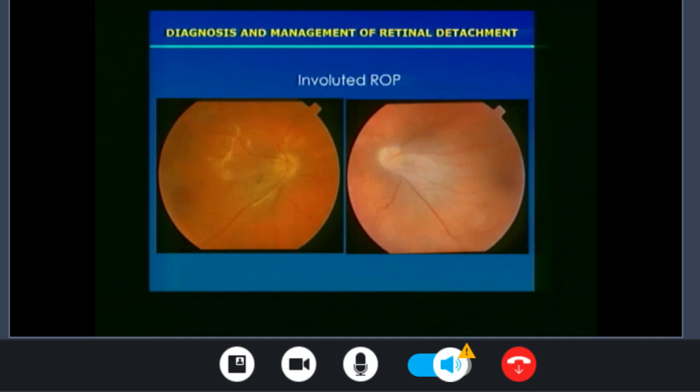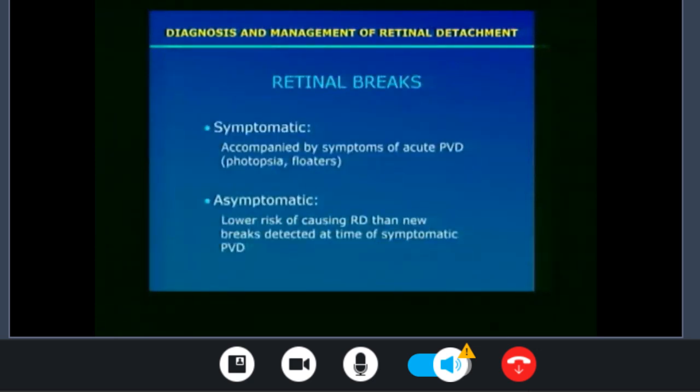The only clue to help you know that this is related to involuted ROP is temporal macular dragging. Like in this patient, he presented with bilateral detachment. You see here the fovea, there is dragging. And here also. So patients with involuted ROP can develop detachment; this patient was 40 years old.